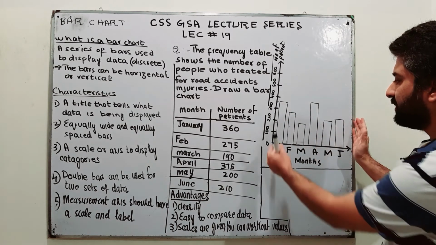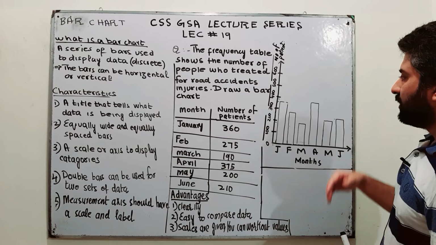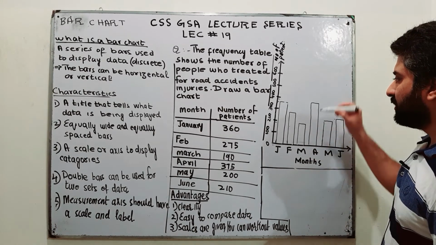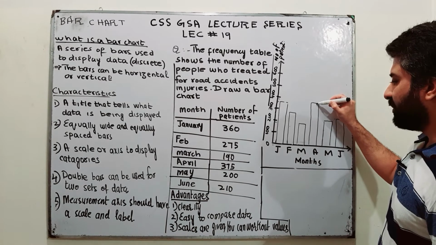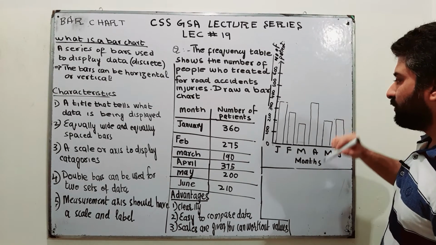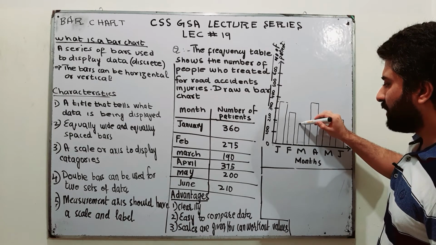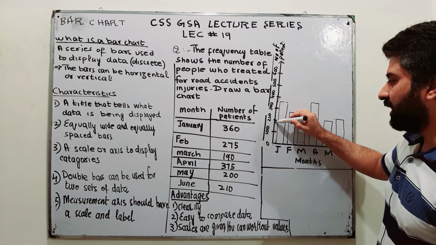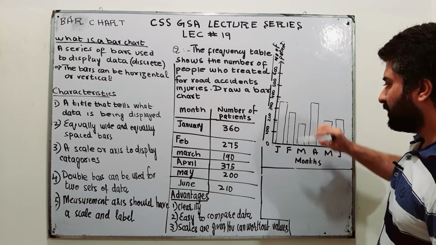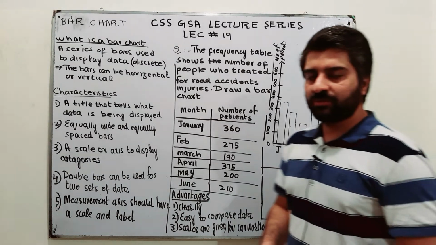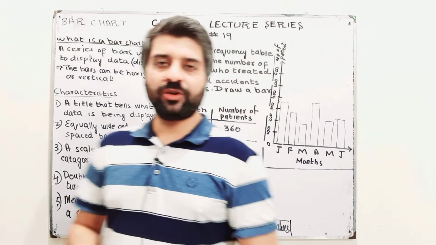So comparison is quite easy. In which month is the number of patients maximum? That is April, 375. Where do we have the minimum number of patients? March, where we have 190. So in this way you can compare in which month there were more injuries and in which month there were fewer patients.